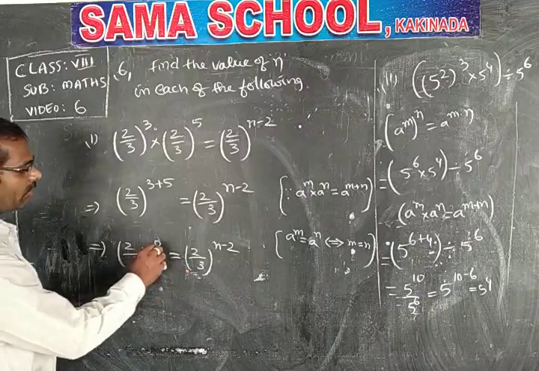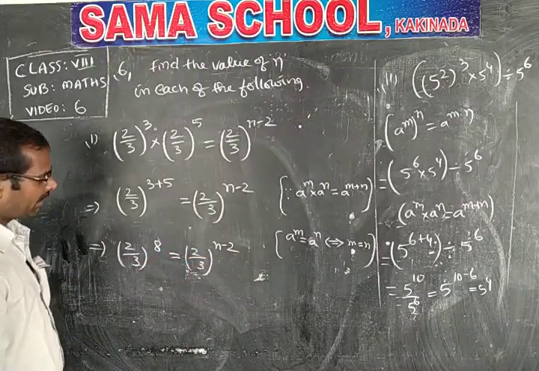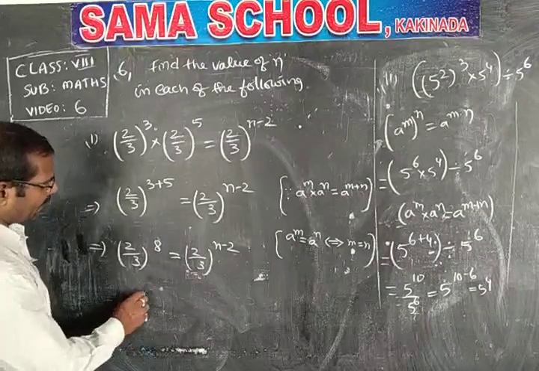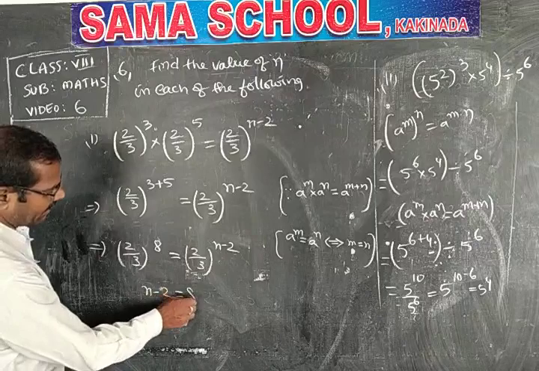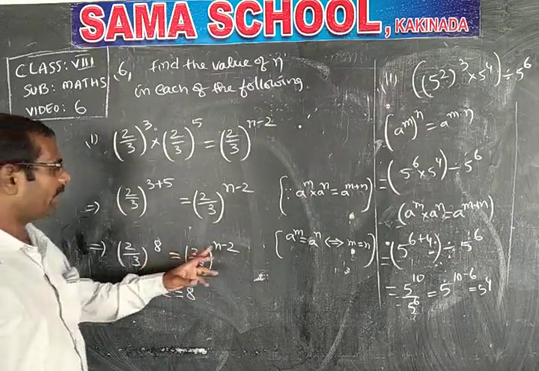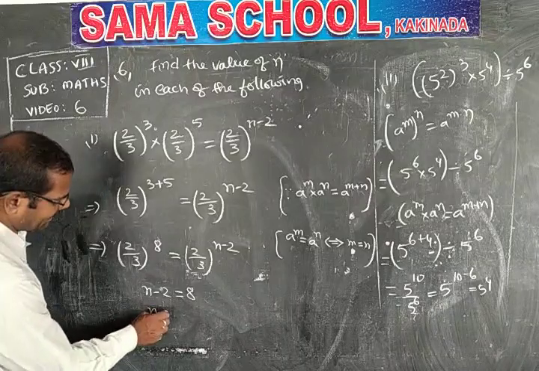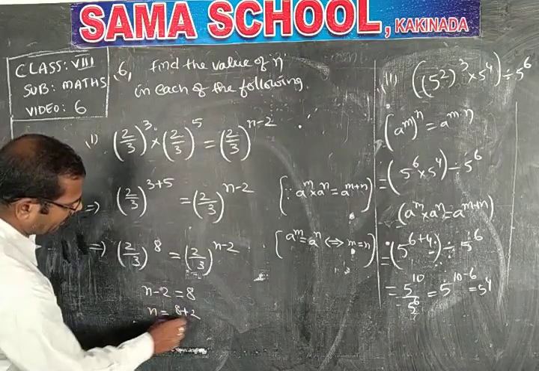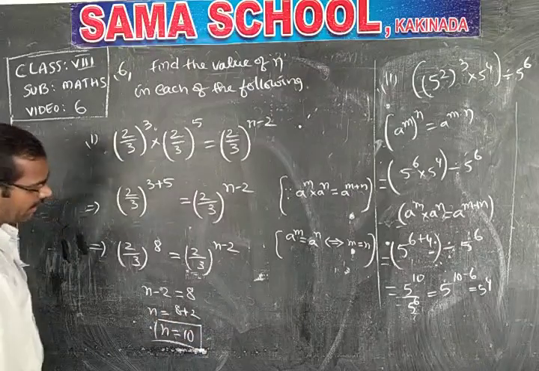So here the bases are equal, the powers also must be equal. So 8 is equal to n minus 2, or n minus 2 is equal to 8, same thing. So n is equal to 8 plus 2. That means n is equal to 10. What is the value of n here? 10.